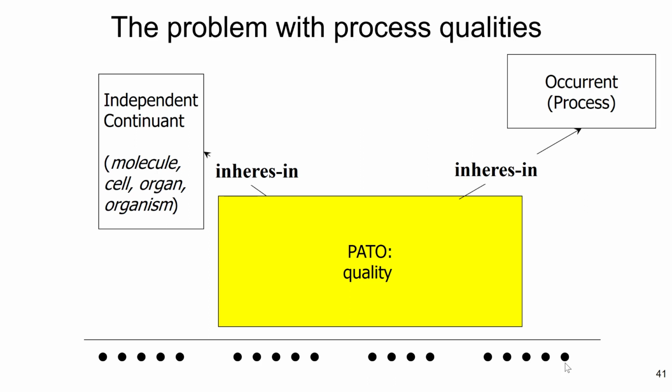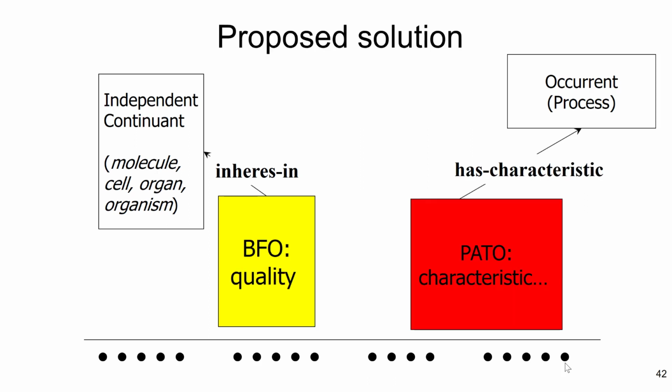Now, PATO wants to be BFO conformant because PATO wants to be an OBO Foundry ontology, and being BFO conformant is a requirement of being an OBO Foundry ontology, and so PATO is called upon to clean up its quality ontology. And so it looks like a trick, but it's not in fact a trick.